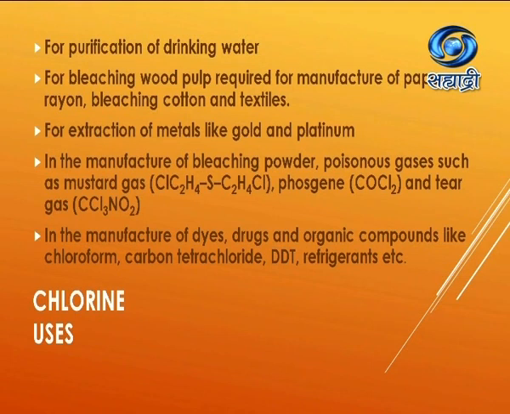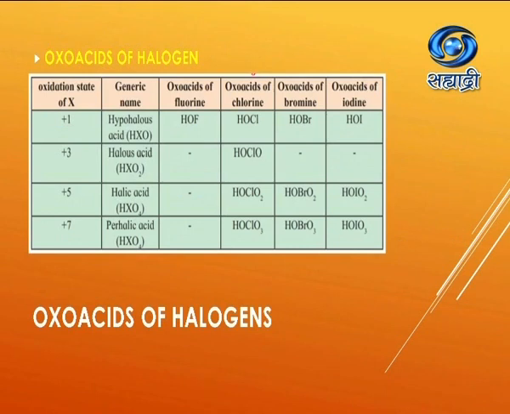Formula is given. Phosgene, carbonyl chloride. Formula is given. And tear gas. Formula is also given. In the manufacture of dyes, drugs and organic compounds like chloroform, carbon tetrachloride, DDT, refrigerants, etc.